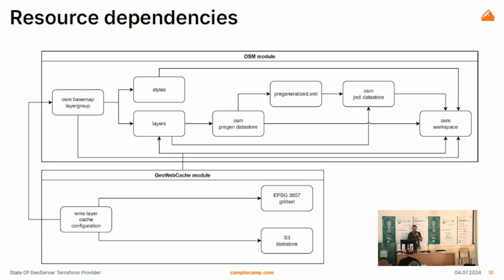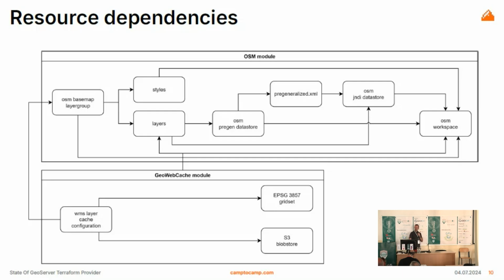Just some example of what you can define as dependency. If you have on the right, for example, a workspace, we have defined in the workspace some JNDI data store.